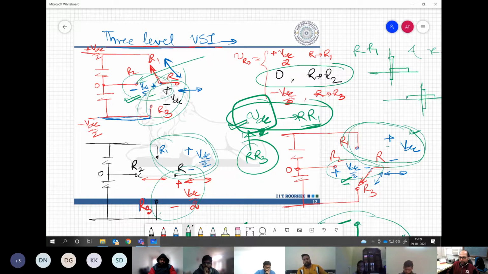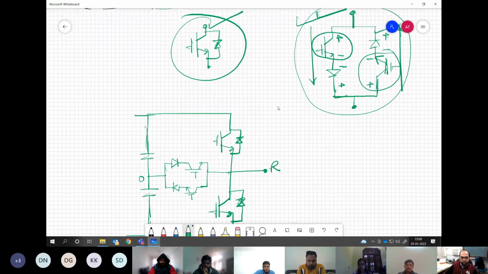Otherwise, by mistake, if you connect this blocking at the middle and middle blocking at the top, then your converter will not work. No, it may get damaged. Understanding my point?